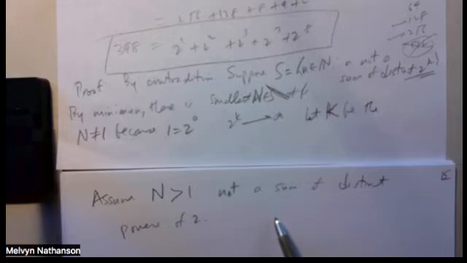So you have the sequence of powers of 2 going to infinity, and you can choose the largest power of 2 which is less than N. N is not a power of 2, so it can't be equal to 2 to the K, but it's between 2 to the K and 2 to the K plus 1. Okay? So if any integer N is not a power of 2, it's in between 2 powers of 2.